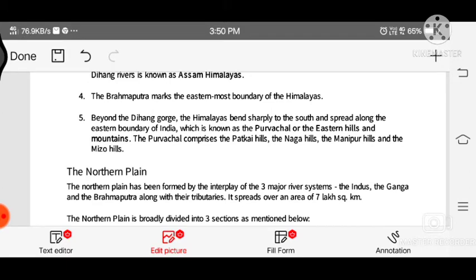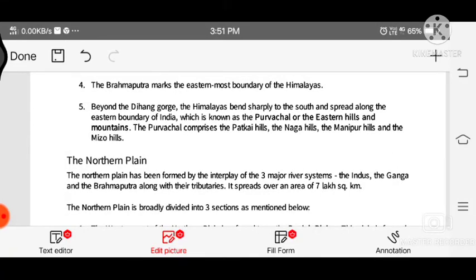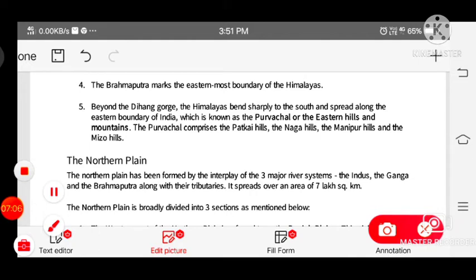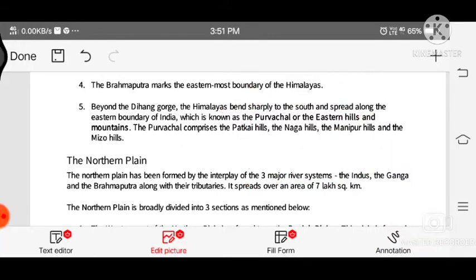The Brahmaputra marks the easternmost boundary of the Himalayas. The Brahmaputra river enters India from Arunachal Pradesh.